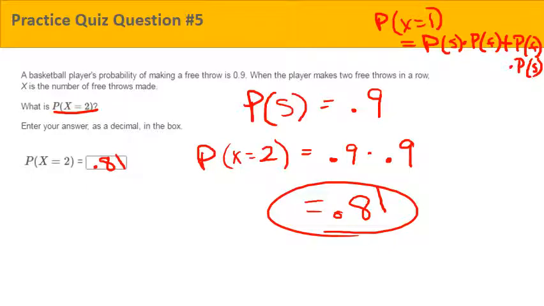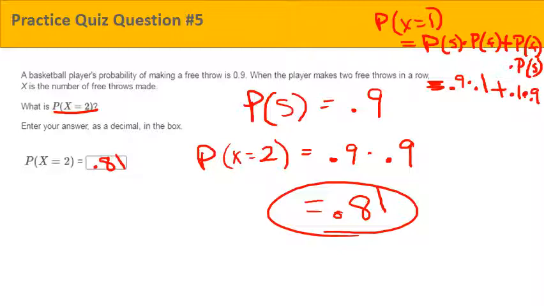Okay? You add up those two. So in this situation, you would take probability of success, which is 0.9, times 0.1, plus 0.1 times 0.9.